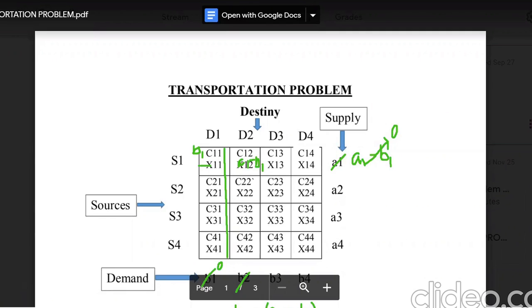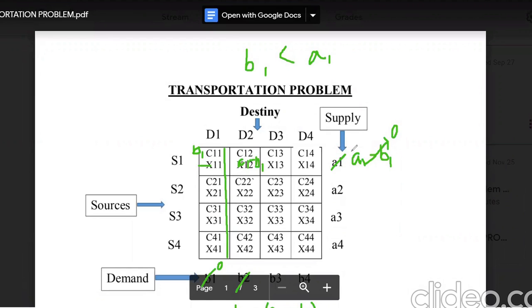Suppose we have considered B1 is less than A1, so B1 is the minimum, so we have allocated B1 quantity here. Now the total demand for the destination D1 is B1, so it has been fulfilled. So you cancel out this column because the total demand for the destination D1 has been completed.